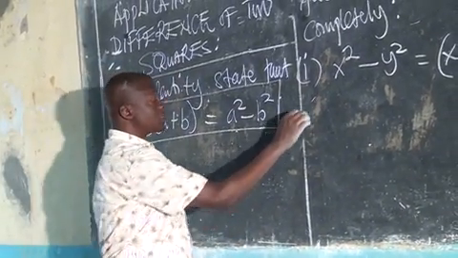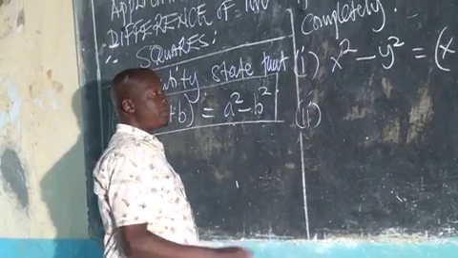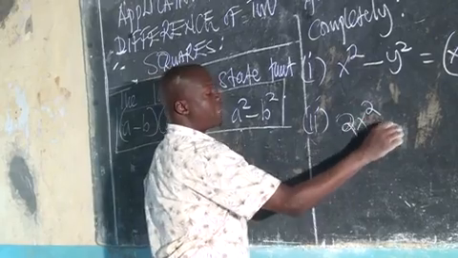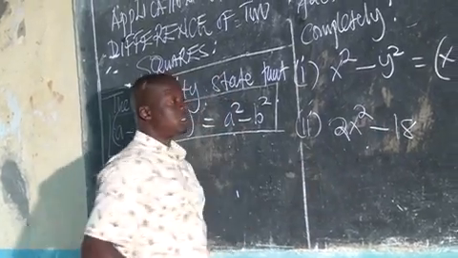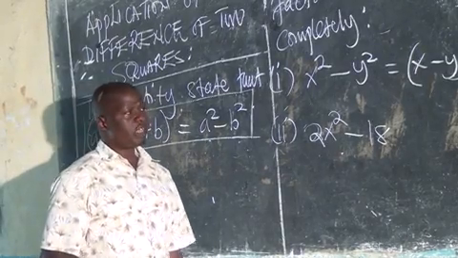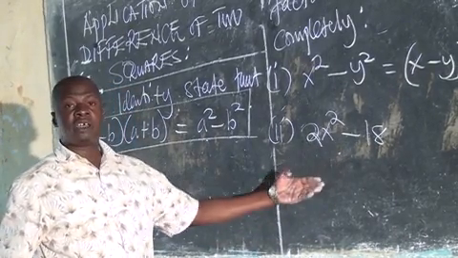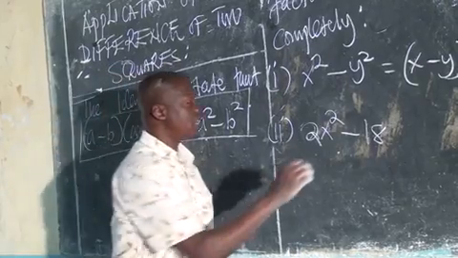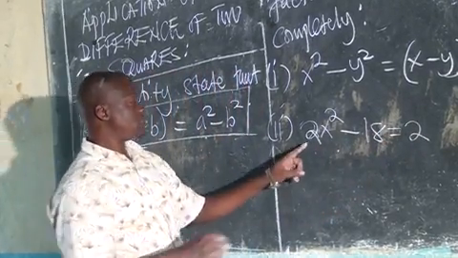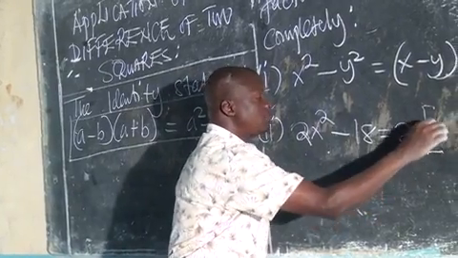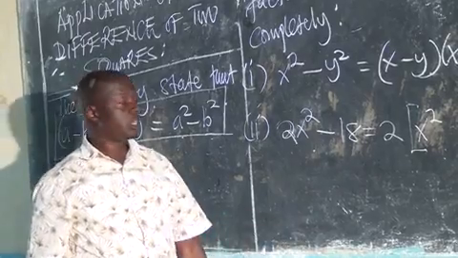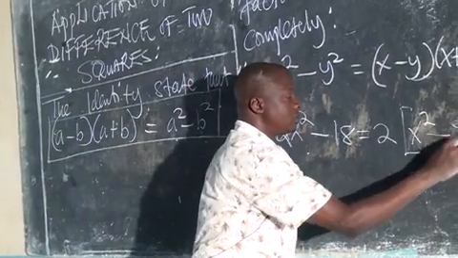Let us look at case 2, whereby we have 2x squared minus 18. They want us to factorize completely, but when you observe here, there is a common factor, that is 2. When you divide by 2, it gives you x squared, and 18 divided by 2 gives you 9.